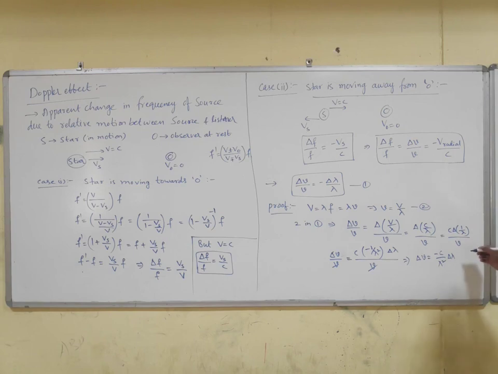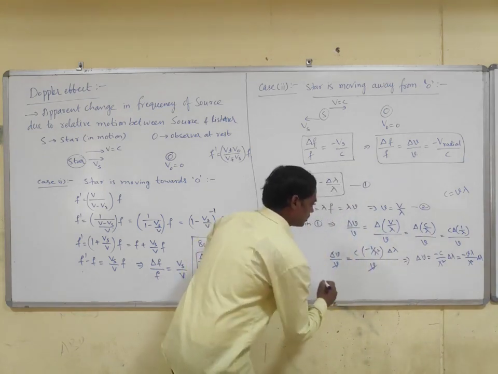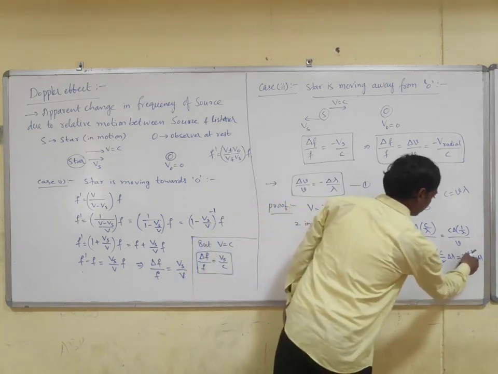But we know that c is equal to nu lambda. Substitute here. Then nu lambda by lambda square into delta lambda, one lambda gets cancelled.